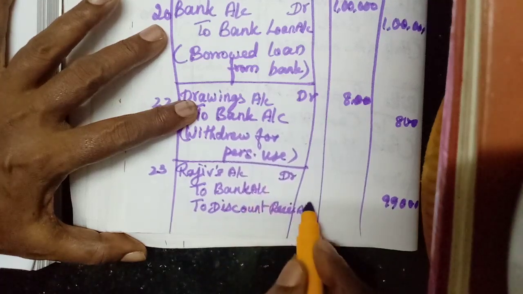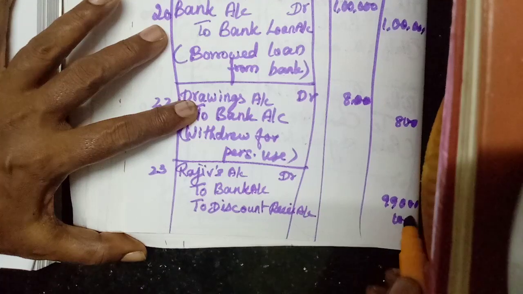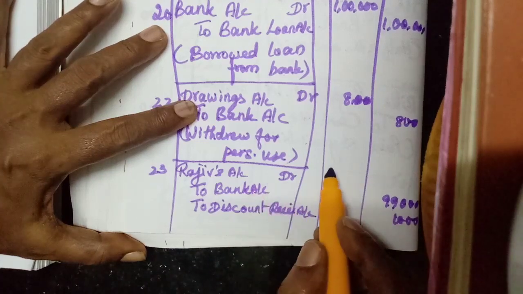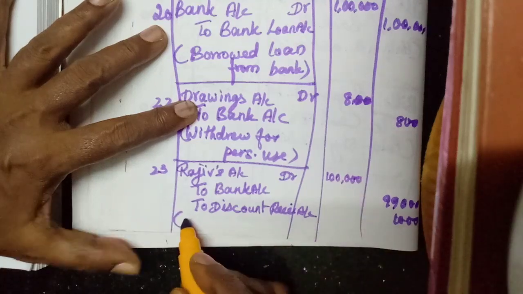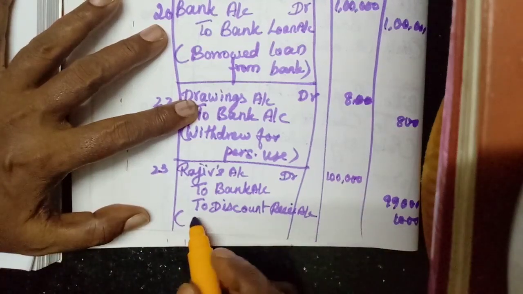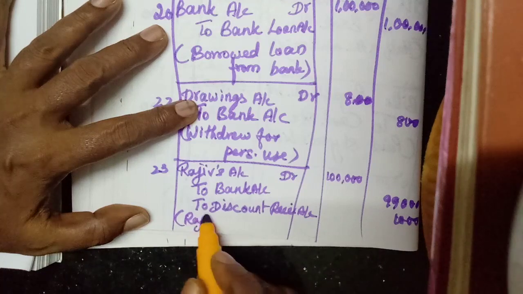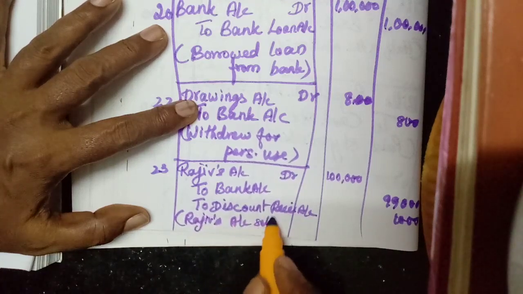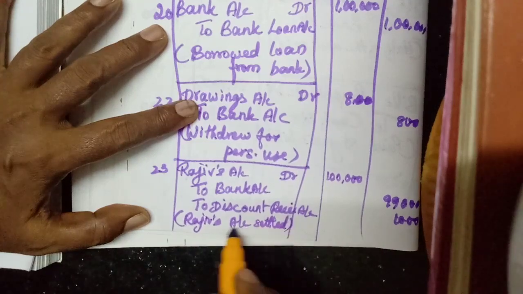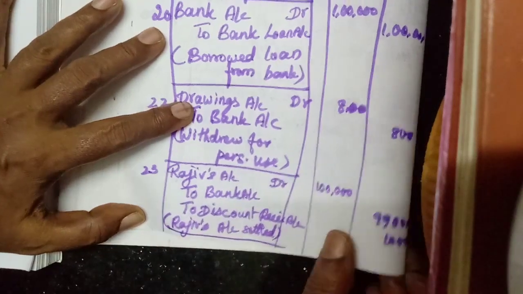Okay, discount received account 1,000. So totally we should debit 1 lakh because 1 lakh we have made purchases. Okay, Rajiv's account settled we can write. Rajiv's account settled. Okay, draw the line.